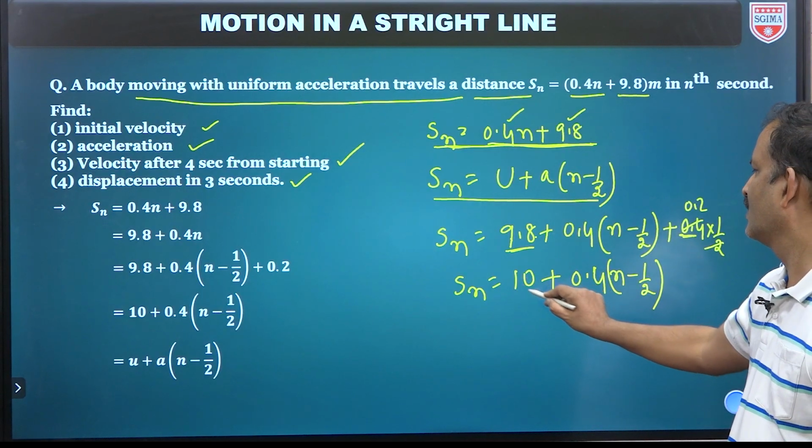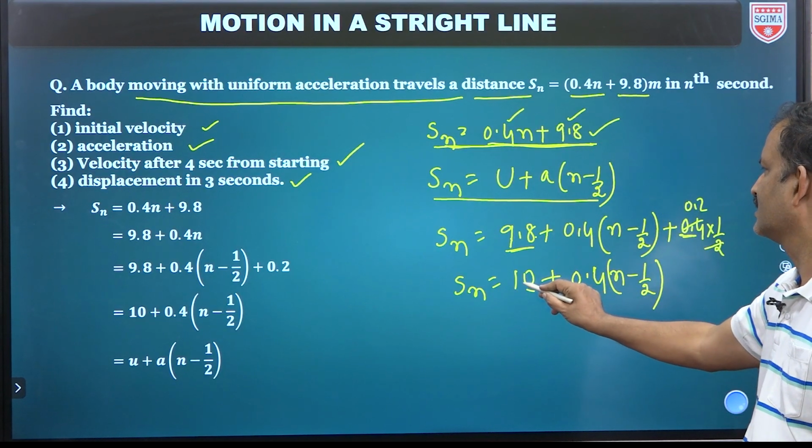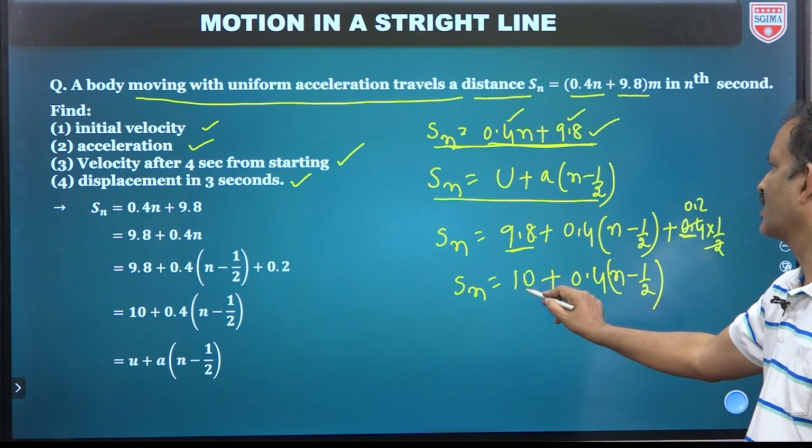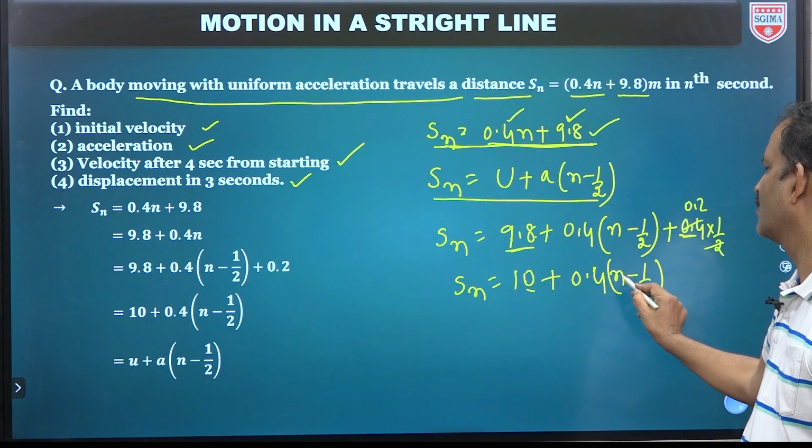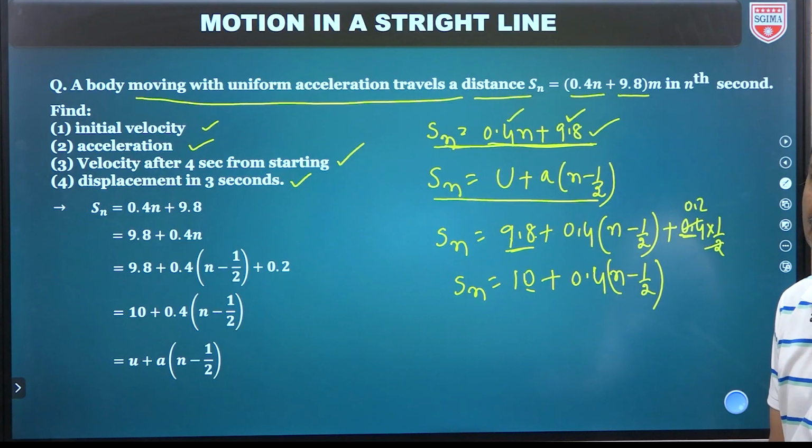If you expand this, 10 minus 0.2 is 9.8, plus 0.4 into n. You will get that.